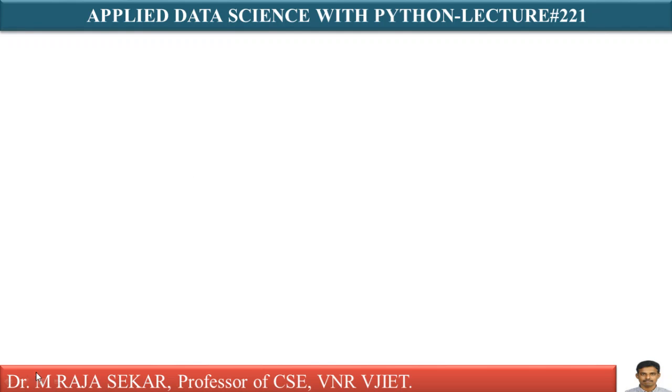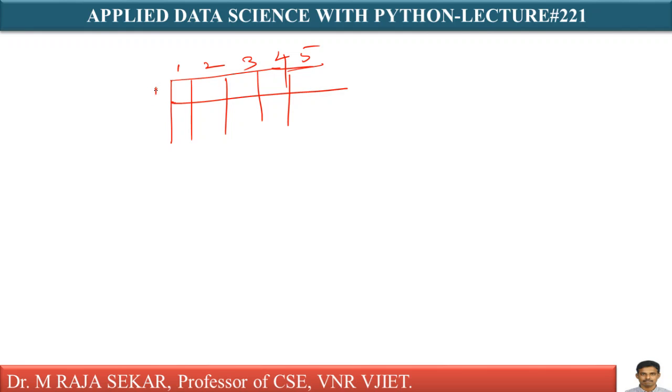Let me assume I have a matrix of this type. Let me say like this: 1, 2, 1, 2, 3, 4. This one is, let me say, 5, isn't it? In similar manner, I have here also 1, 2, 3, 4, isn't it? 3, 4, and let me say this is 4.